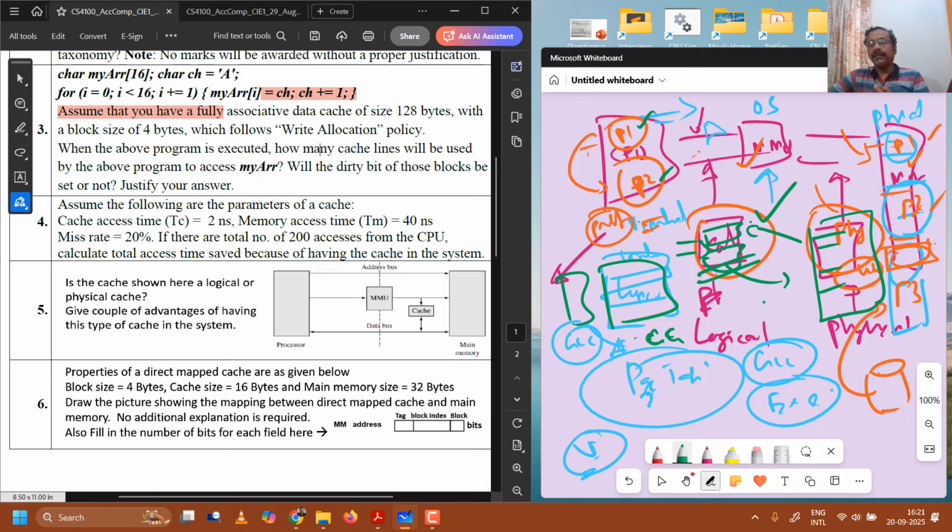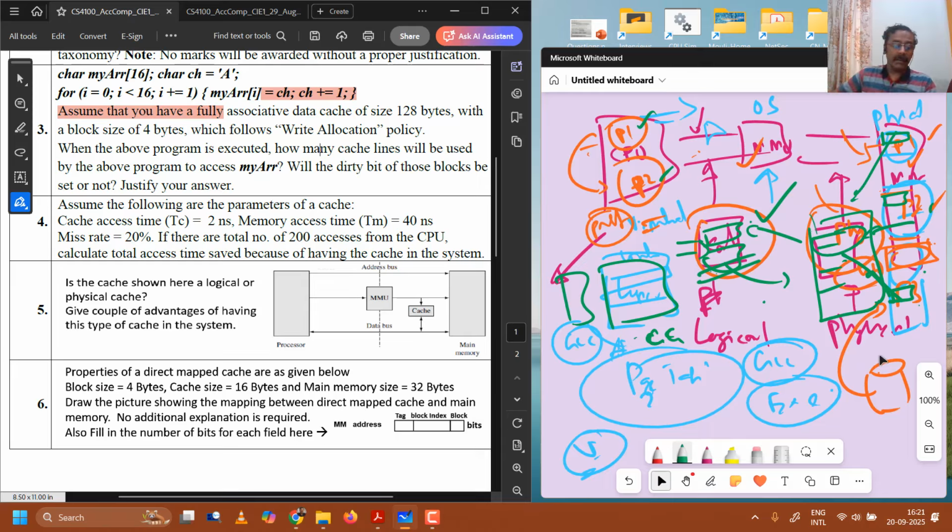So the probability of a miss happening with the physical cache is most unlikely, because you have sufficient cache size and, maybe, P1 related blocks are here, P2's related blocks are here, P3 related cache blocks are here.